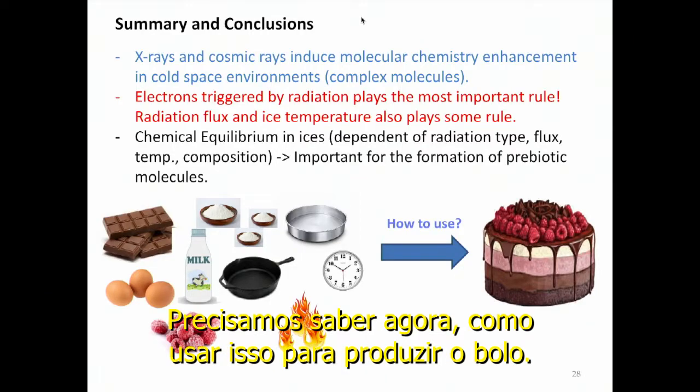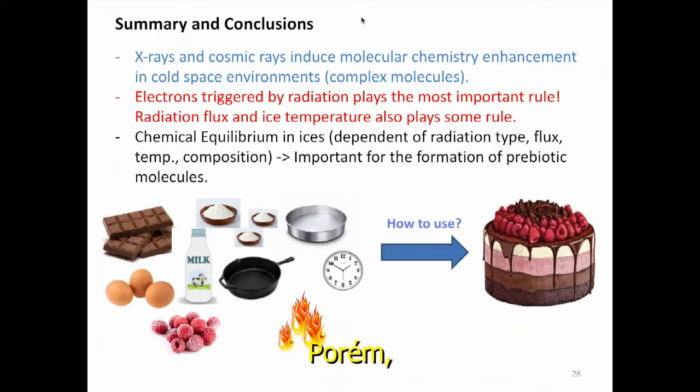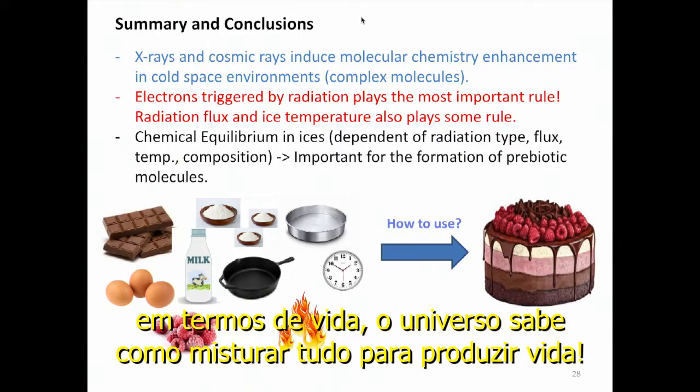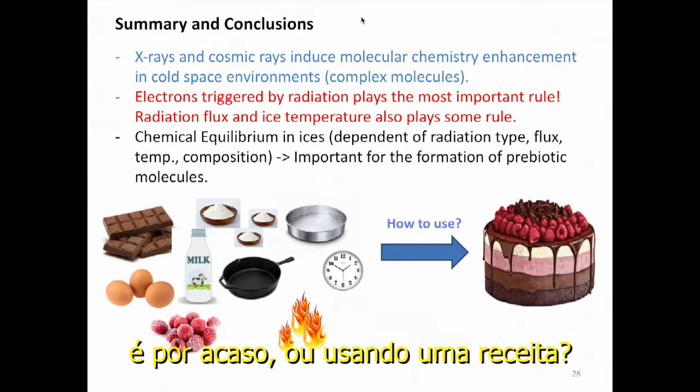We need to know how to use them to produce a cake. It's not obvious that by mixing all of these ingredients, we produce a cake. But in terms of life, the universe knows how to mix everything to produce life. But the big question is, is it by chance or using a recipe?